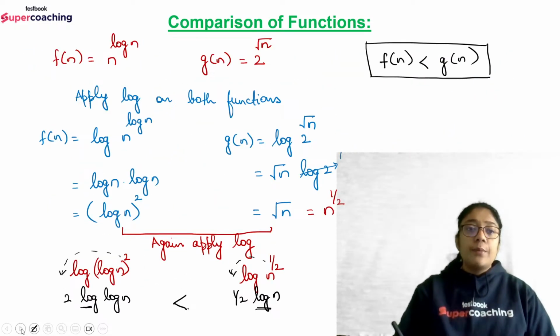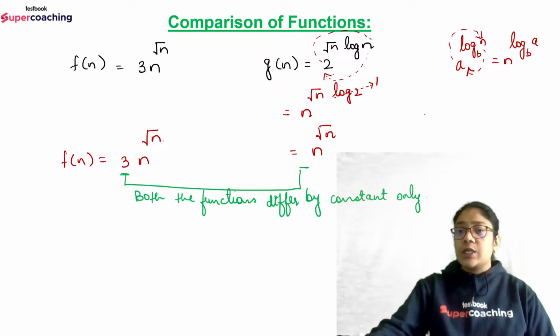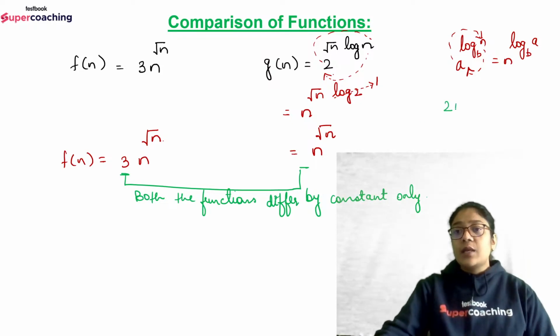तो अब यहाँ पे हमने जो example लिया है, are we applying any function? क्या मैंने log या कुछ और function apply किए? No, we have not applied any function. It's just similar to like we compared 2n and 3n. So both the functions are of the same type. They both differ by constant.